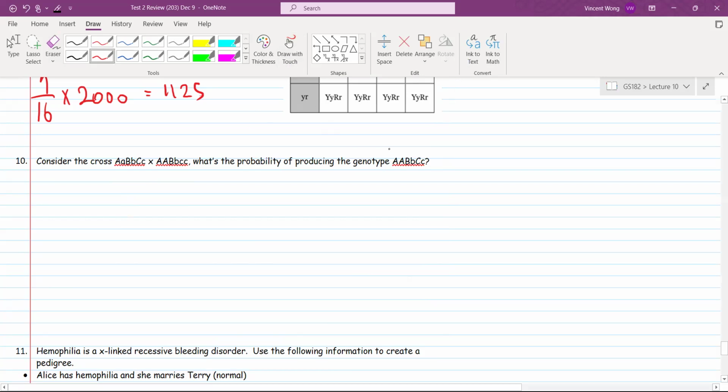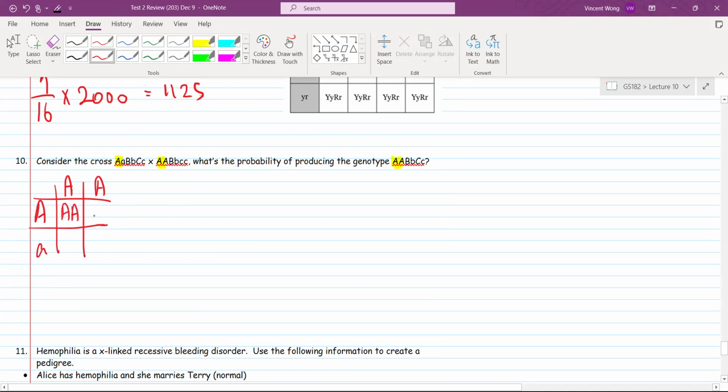So let's see. We want to have big A, big A. So what we're going to do is we're just going to look at the A here. We're just going to look at the A. So this is big A, small a, and then big A, big A. So big A, small a, and big A, big A. We're just going to do the A's alone.